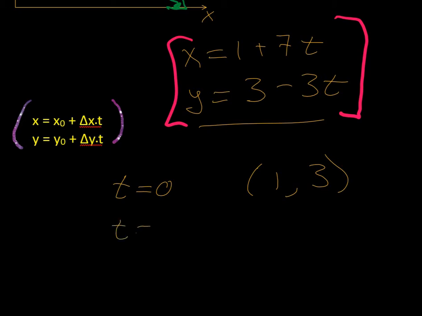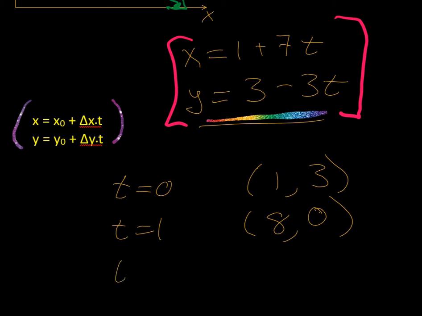If t equals 1, you're going to get 1 plus 7, which is 8, for the x value, and 3 minus 3, which is 0, for the y value, of course, because it has to pass through the point (8, 0).